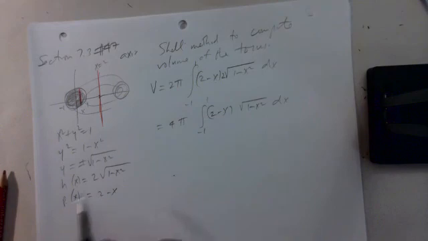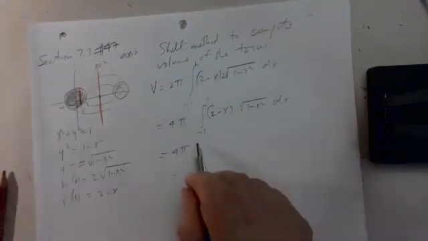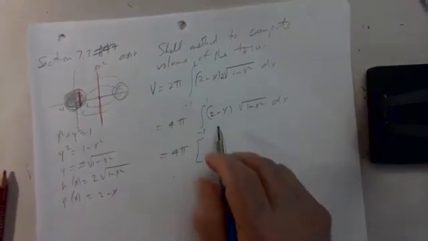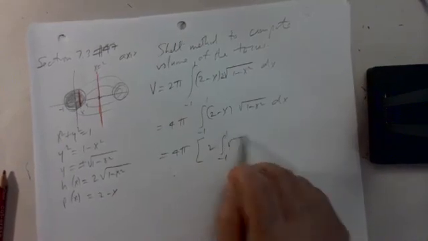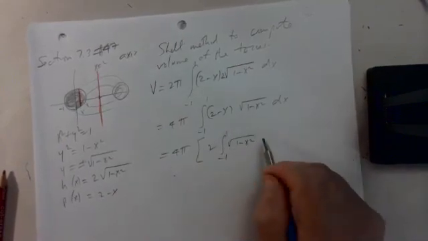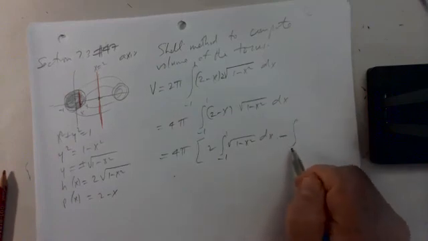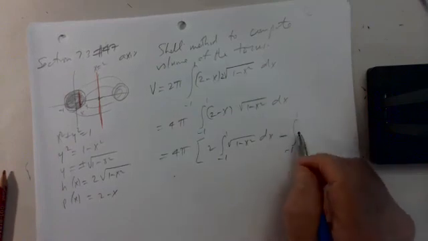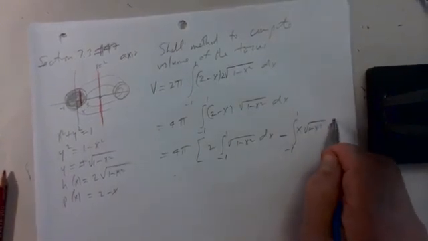This looks like a somewhat complicated integral, but maybe it's not too complicated. Let me write this as 2 integrals: 4 pi times 2 times the integral from minus 1 to 1 of the square root of 1 minus x squared dx, minus the integral from minus 1 to 1 of x times the square root of 1 minus x squared dx.